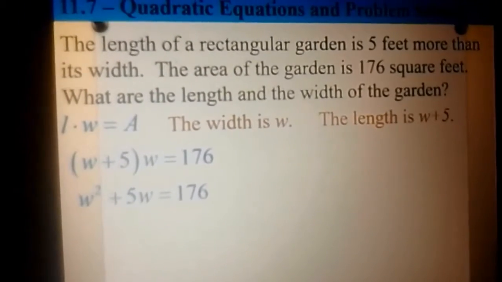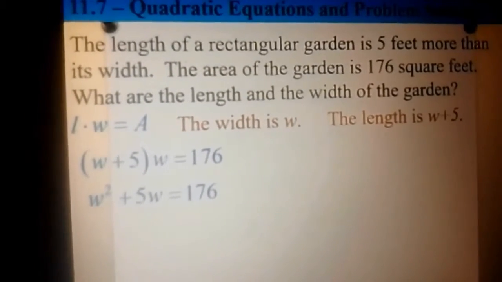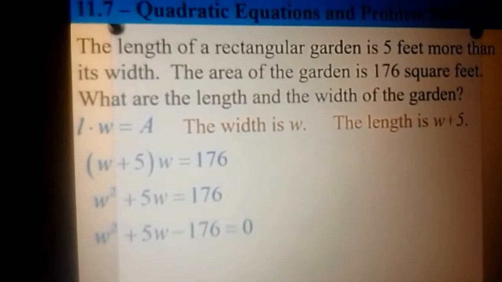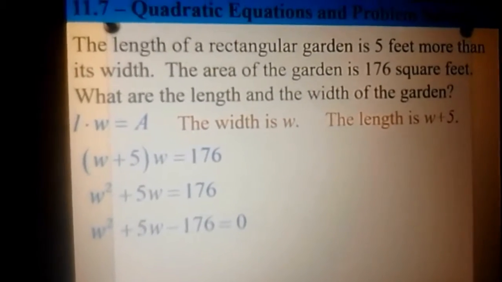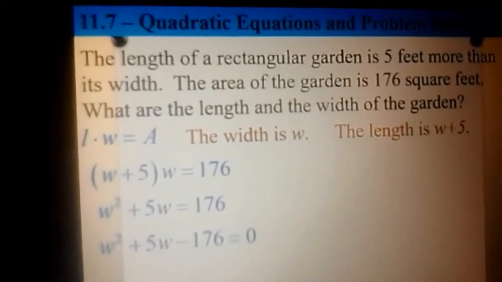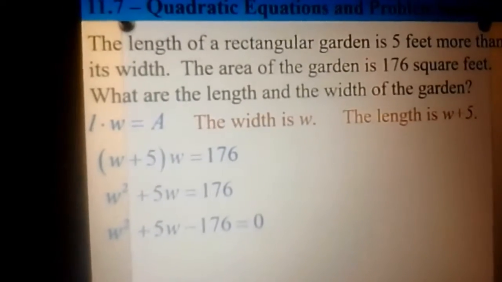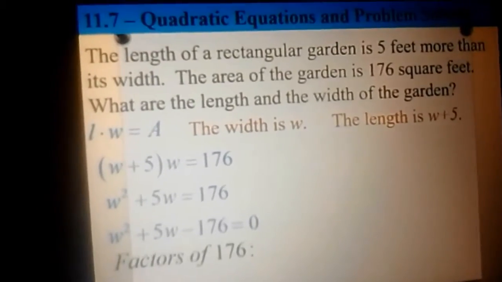So, we distribute: W squared plus 5W is equal to 176. By the subtraction property of equality, we subtract 176 from both sides of the equation so that we can obtain the standard form of the quadratic equation.